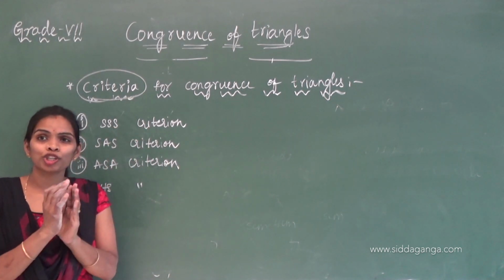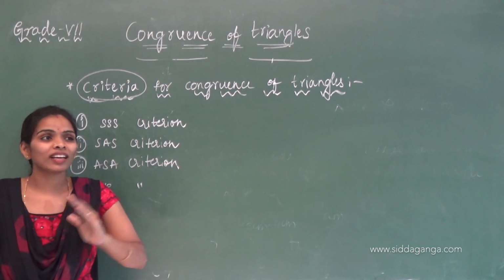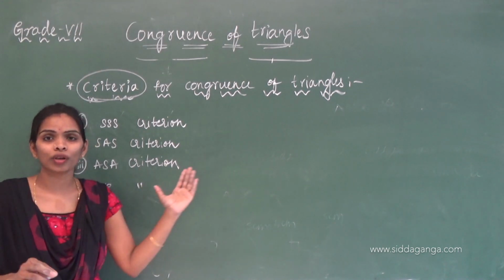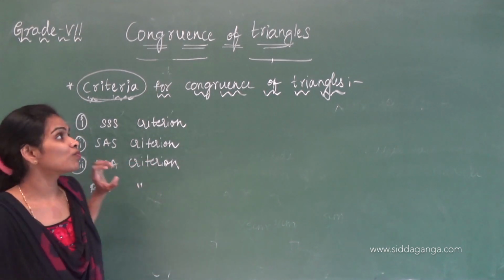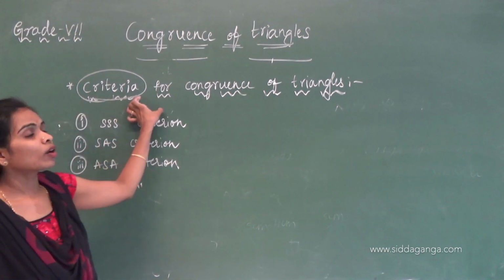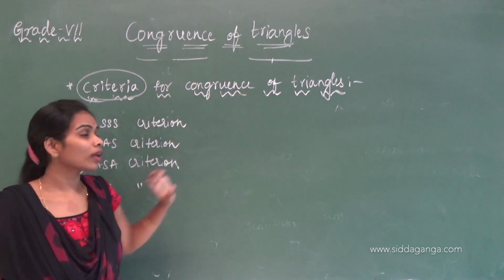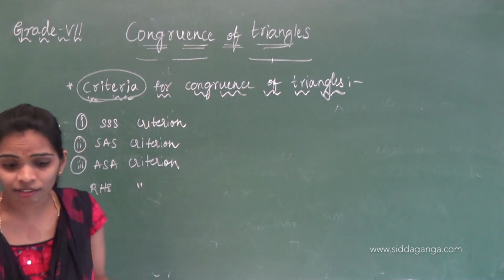Other than the superimposition method, that means other than checking whether all the sides are equal and all the angles are equal in position with each other or not, we can go with criteria for congruence of triangles.